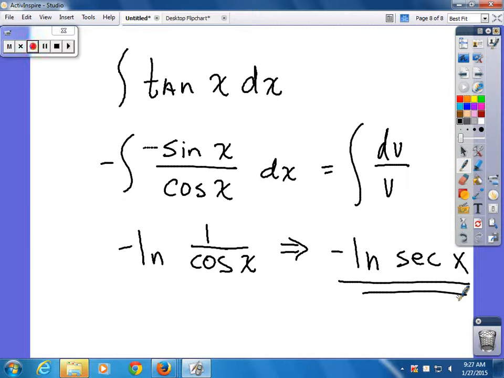So that's just a little derivation. Of course, they don't want you to memorize the derivation. They're just showing you how they got the rule that the antiderivative of the tangent is the natural log of the secant. And you probably need to put your absolute values there, and it should be what they got.